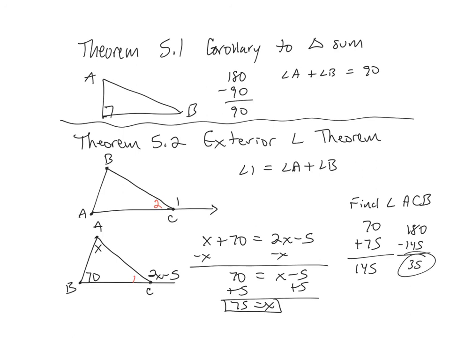And so we'd have 35 degrees. If it said find the exterior angle, you would need to plug 75 in next to the 2x and find that one. So 2 times 75 is 150 minus 5 is 145.